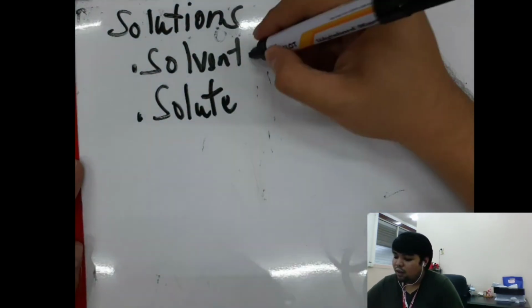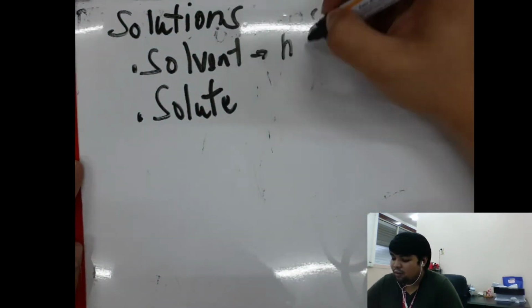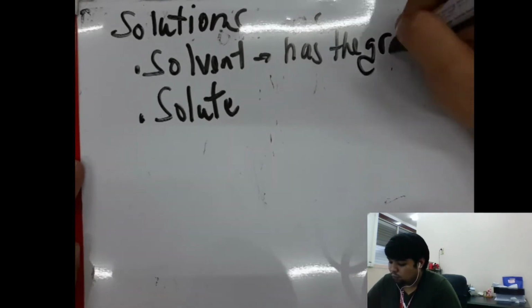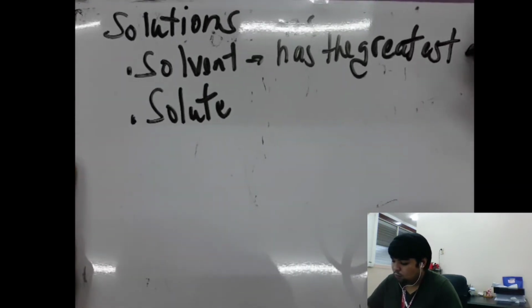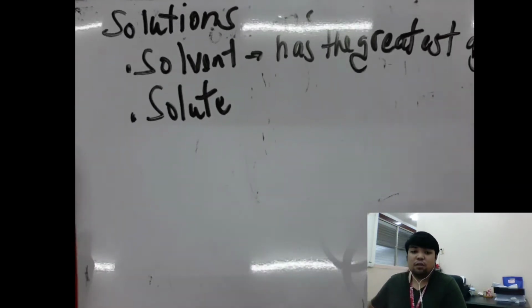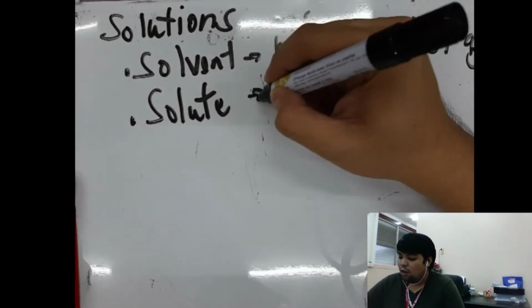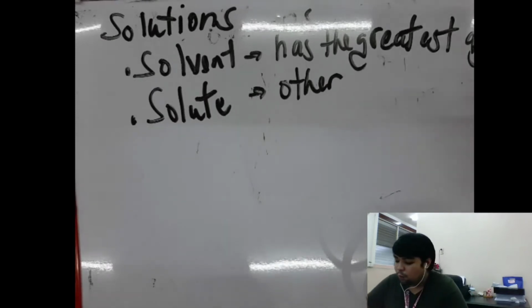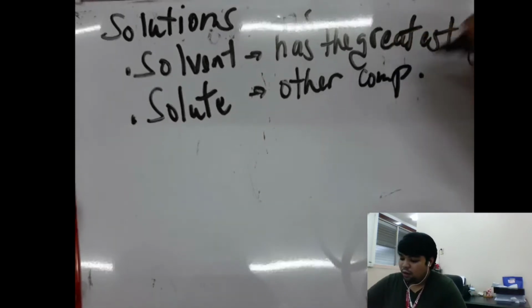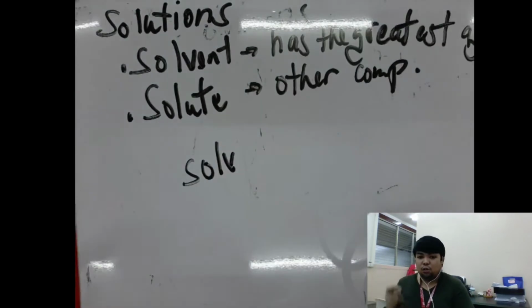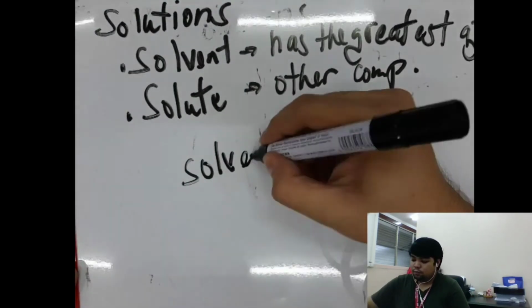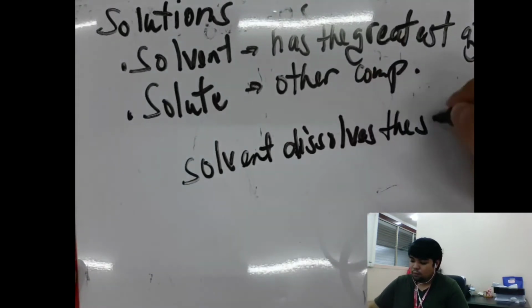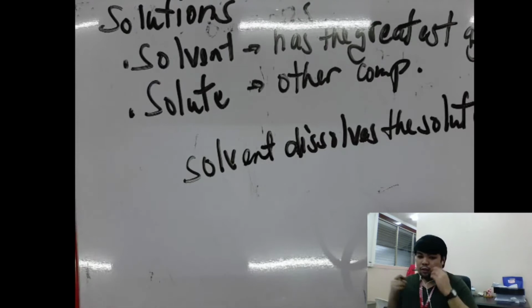The solvent is the one that has the greatest quantity in the solution, while the solute is all the other components whose quantity is lesser than that of the solvent. So basically, the solvent dissolves the solute.